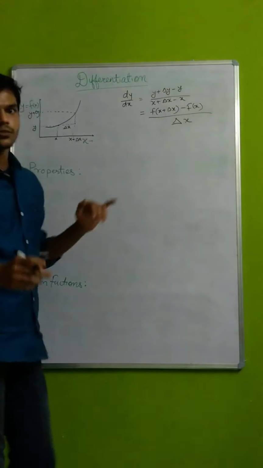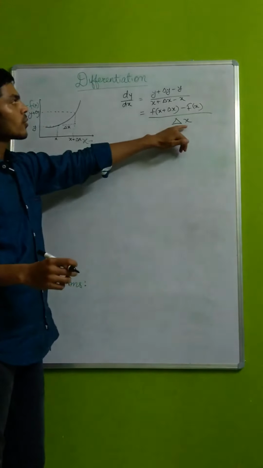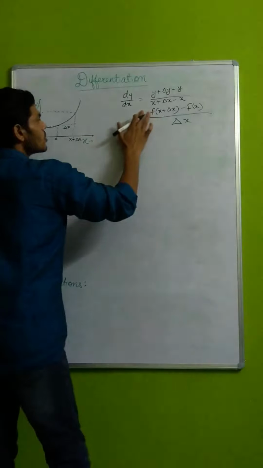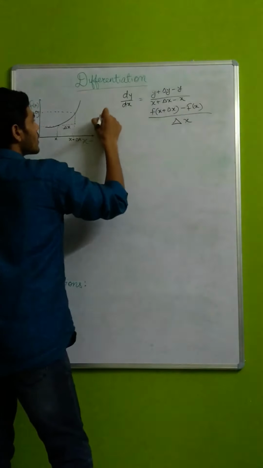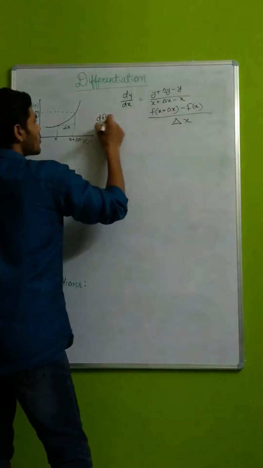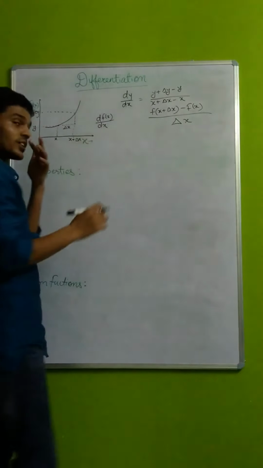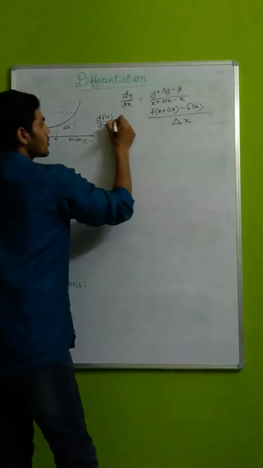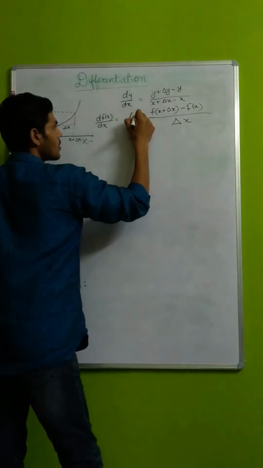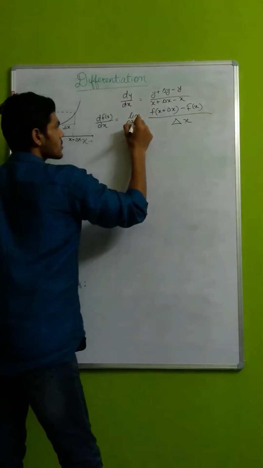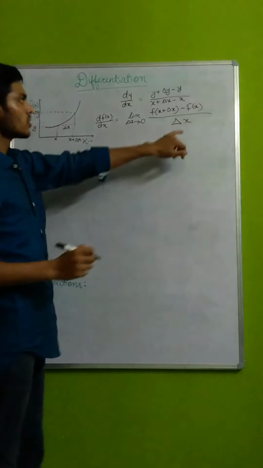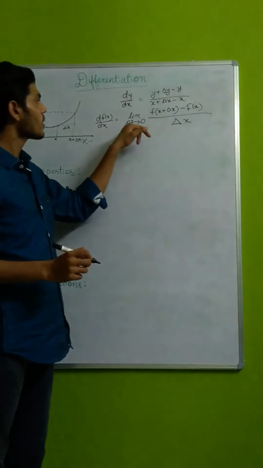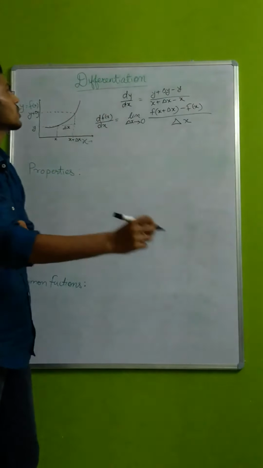Now this delta x is very small, so we have to put limit for delta x which is tending to 0. So if you have to write df(x) by dx, that is differentiation of function f(x) with respect to variable x, equal to limit delta x tends to 0, because ये जो डिफरेंस है ये बहुत स्मॉल है, so we are giving limit delta x tending to 0.